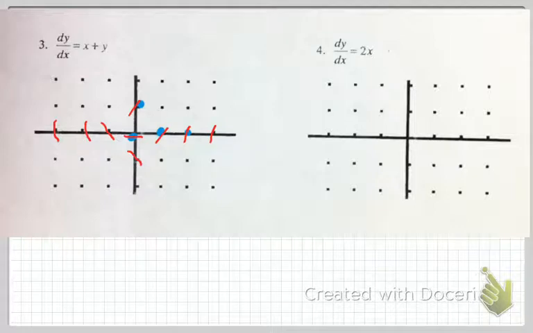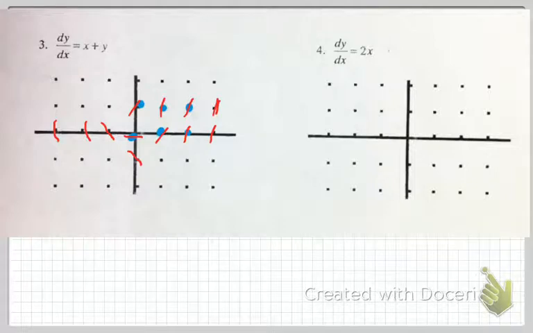And let's go to this point here. That's 1, 1, so that will give me a slope of 2. And this point here is 2 plus 1, which will give me a slope of 3. And this will be 4. Pretty darn straight up and down, probably.